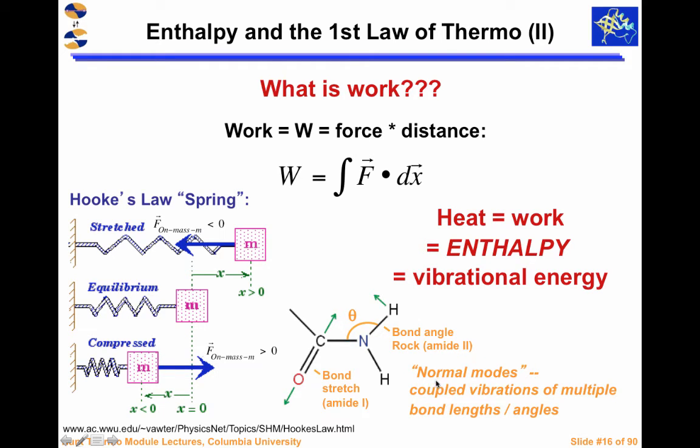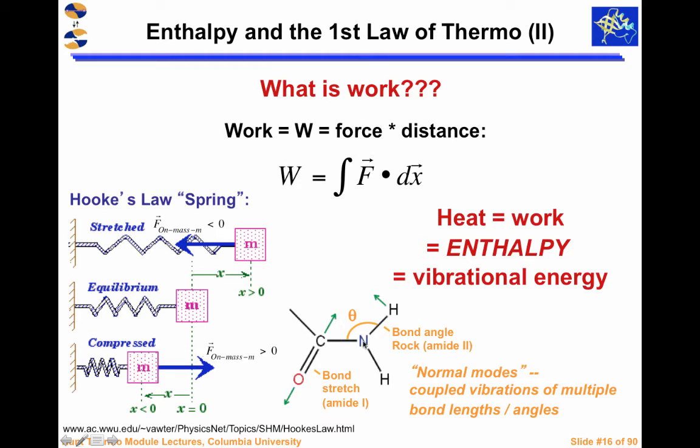You can very easily measure what the vibrational characteristics of the normal modes are. There's a relatively simple physical theory that I go through in my undergraduate biophysics class that tells you how to calculate what normal modes are and what their energies are. We won't go into that level of detail here, but I'll just explain what the normal mode is.